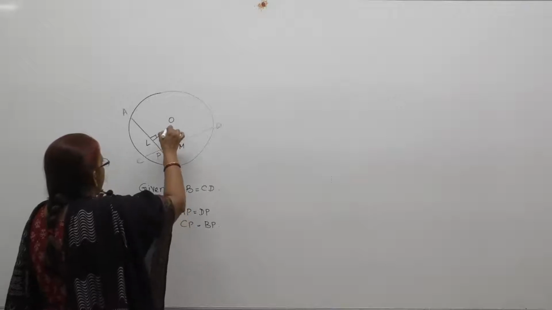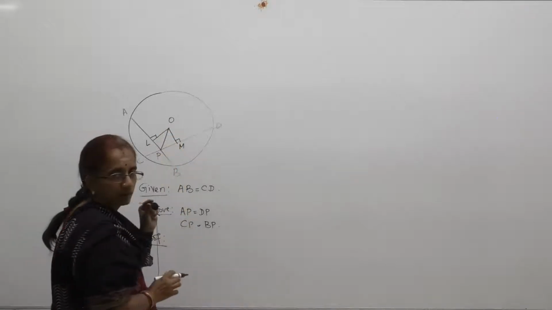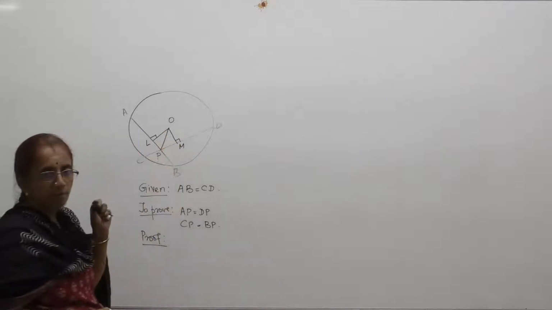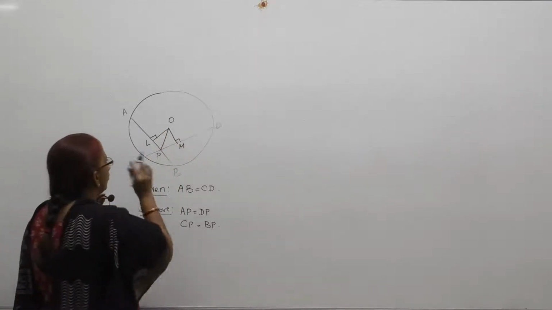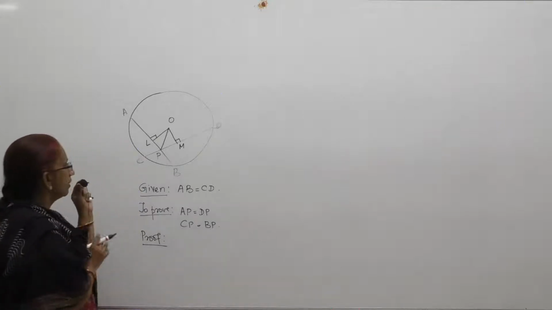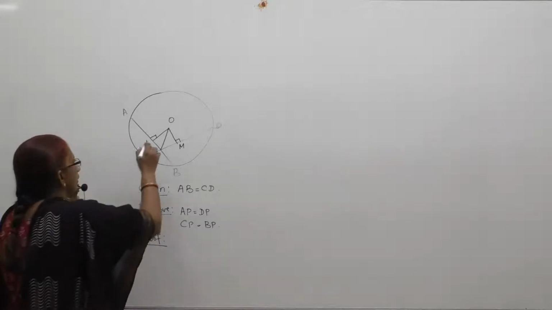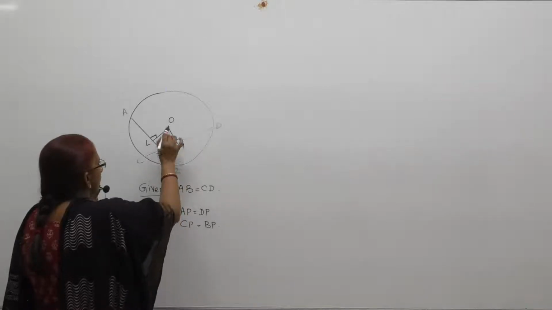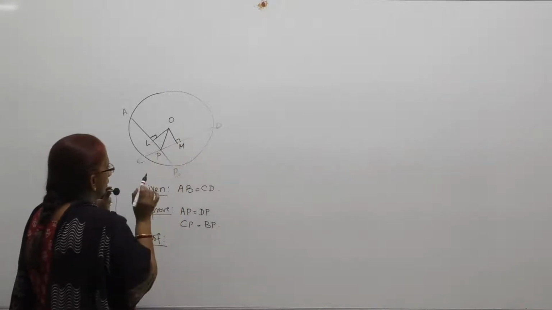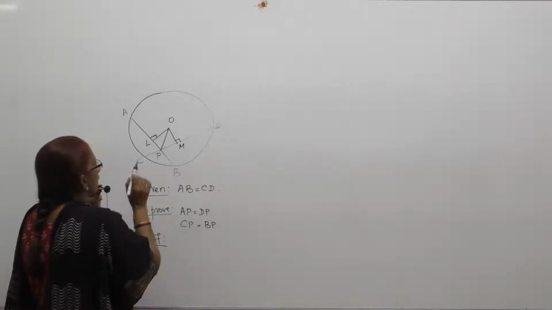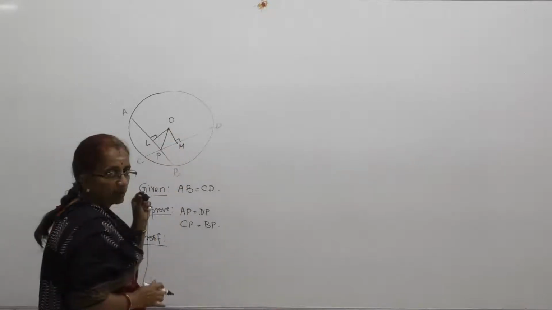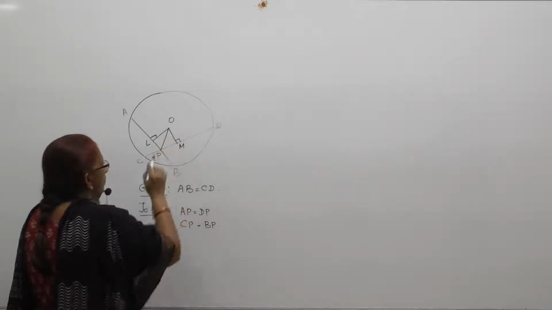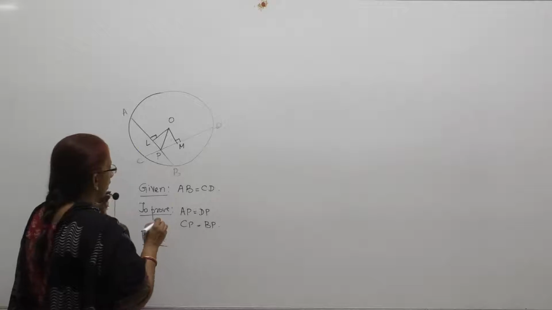If we just join OP, we can prove that triangle OLP and triangle OMP are congruent. How do we prove it? You have a right angle, and the side opposite to the right angle, OP, is common to both triangles. And then you have OL equal to OM. Therefore, by RHS congruence, triangle OLP is congruent to triangle OMP.